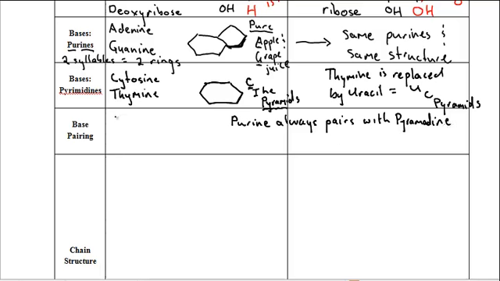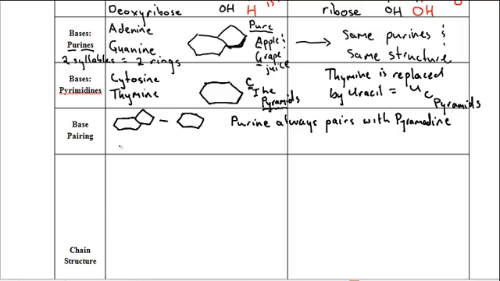So you always get that purine, being the two-ring structure, always going to pair with the single ring structure. So at any place in the DNA strand, you should only have a total of 3 rings across.